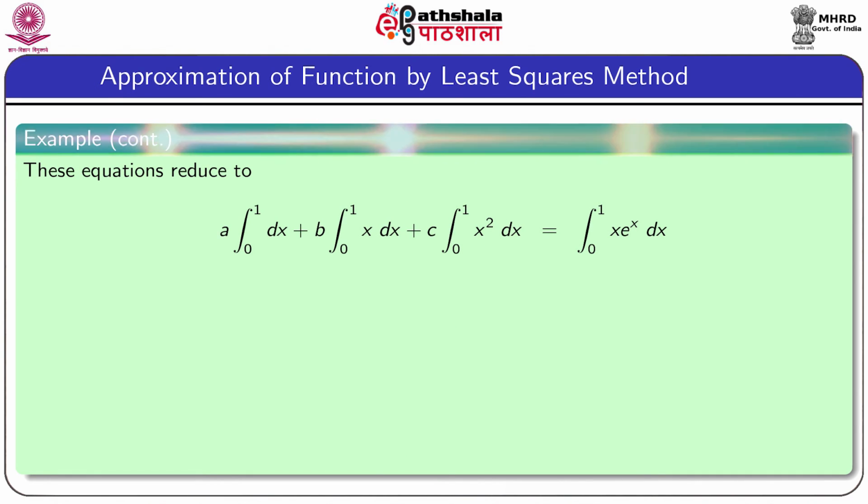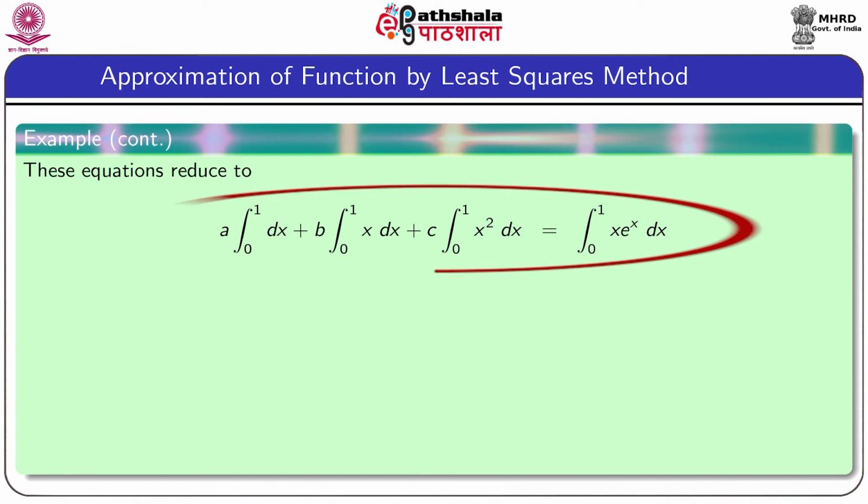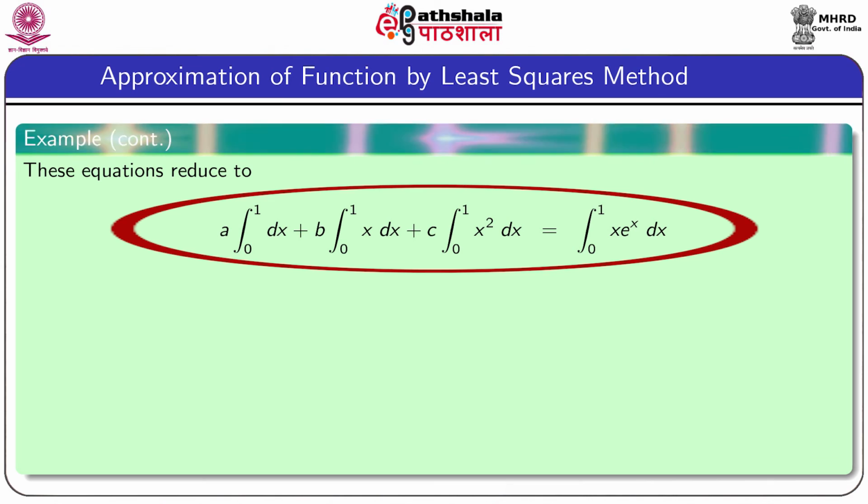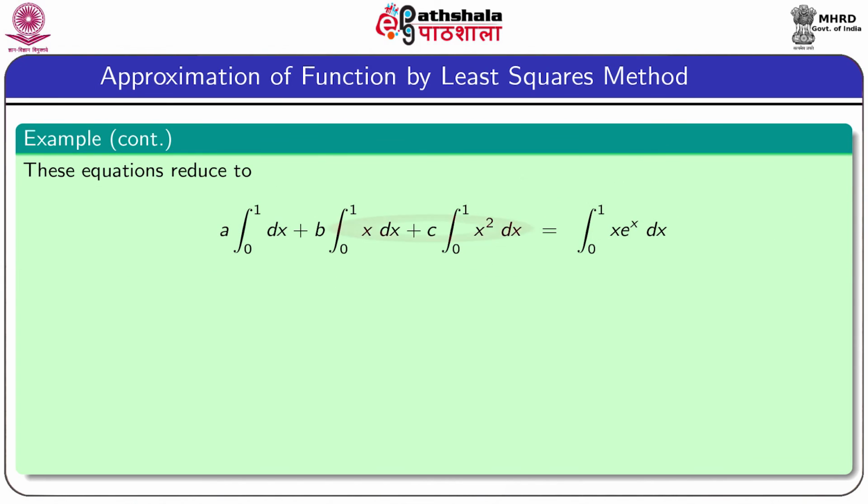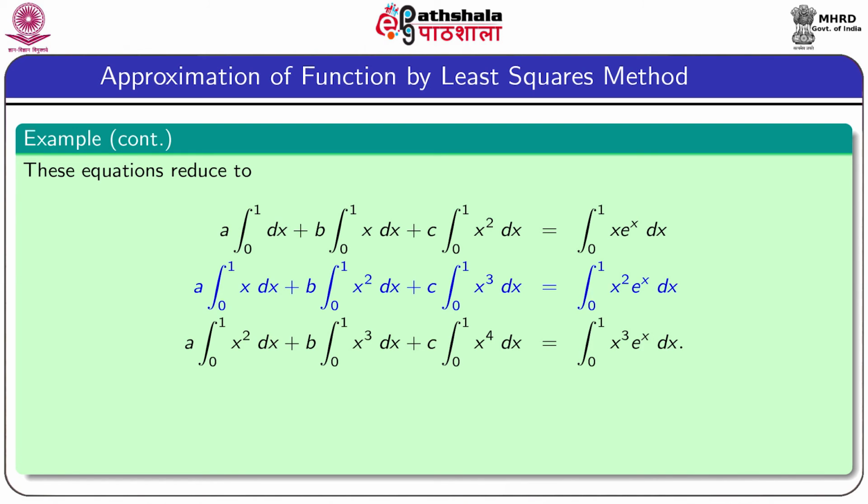After simplification, that means by taking term by term integration, the first normal equation is transformed to a ∫₀¹ dx + b ∫₀¹ x dx + c ∫₀¹ x² dx = ∫₀¹ x e^x dx. This is the first, and the second and third normal equations are obtained similarly.